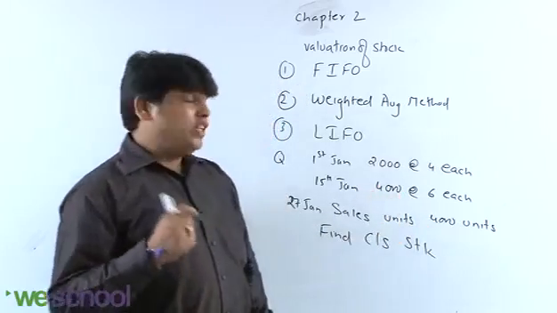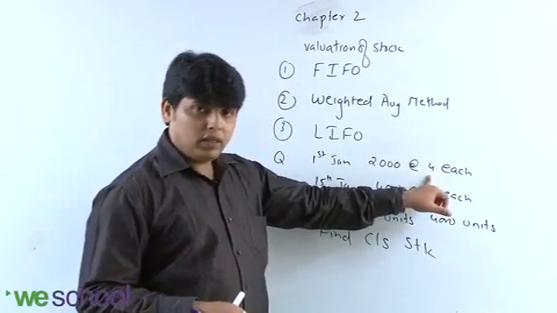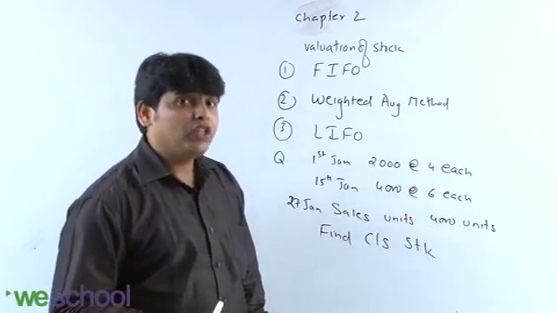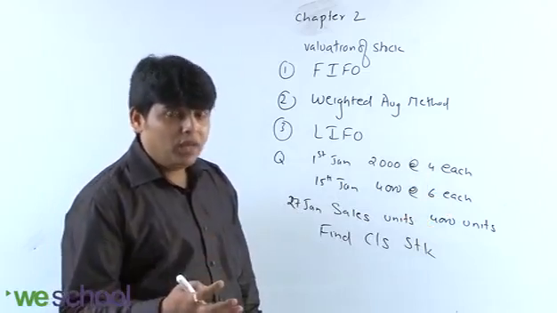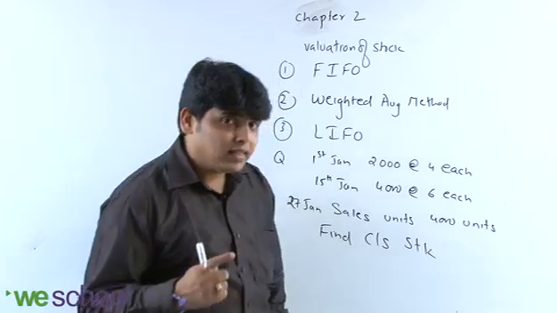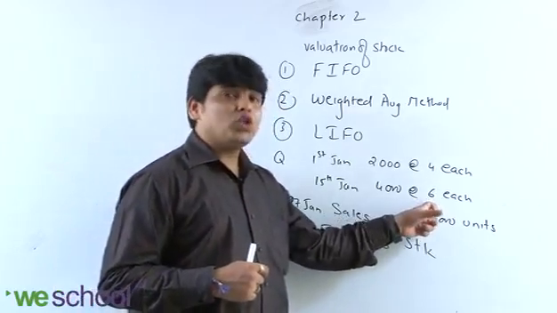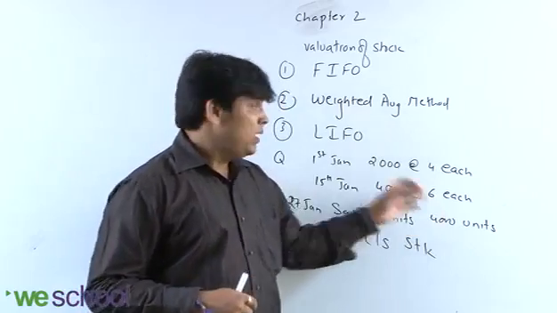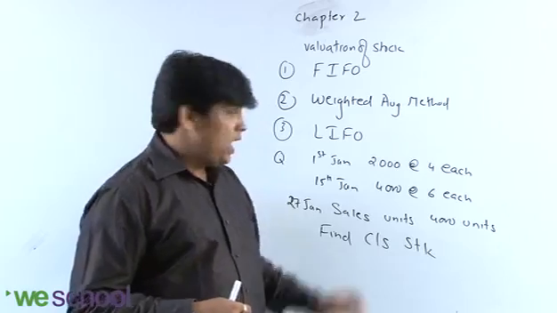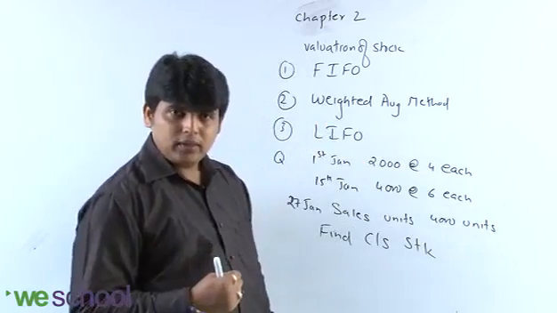Which stock is remaining in the godown now, the 4 rupees stock or the 6 rupees stock? Very good. People are saying that the 6 rupees stock is remaining in the godown. Why? Because I have already sold the 4 rupees stock; I have removed it.